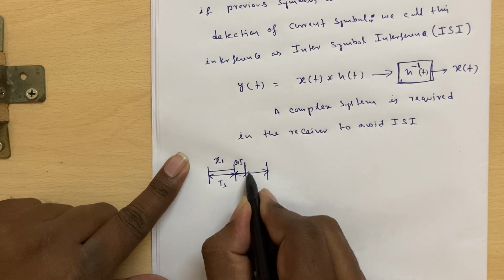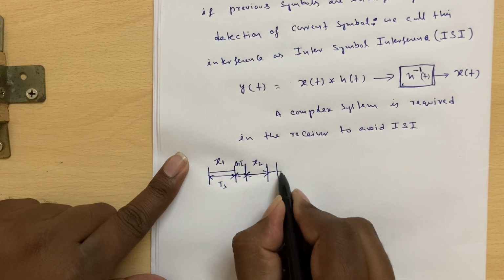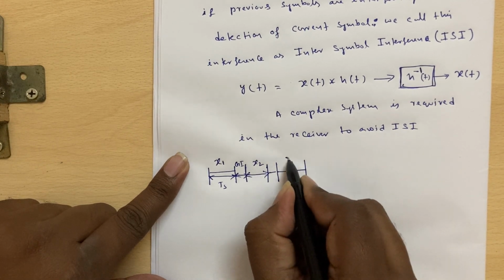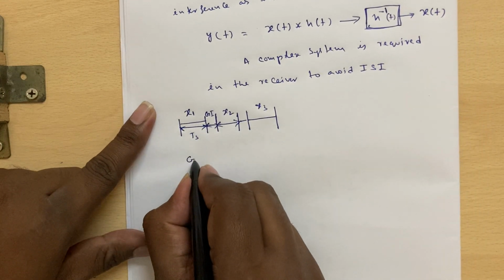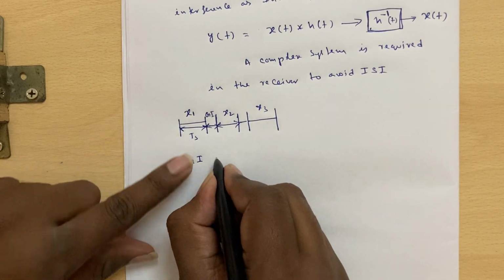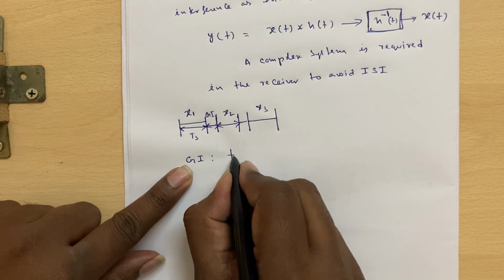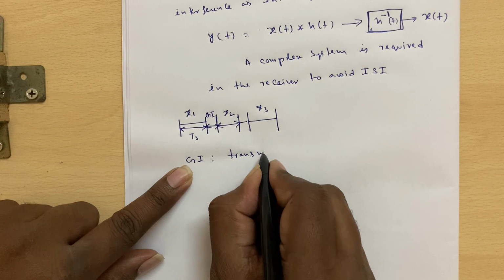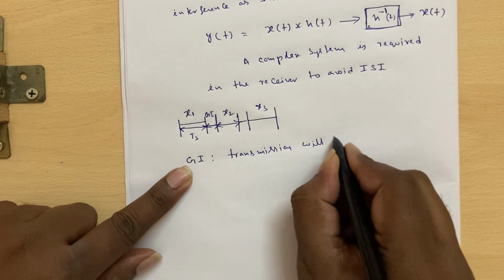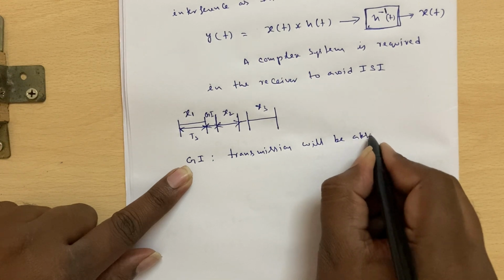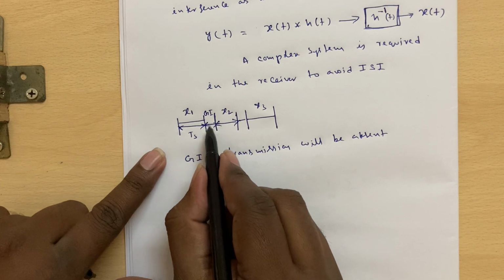Again you give a guard interval, and again you transmit another symbol x3, like this. So during the guard interval the transmission will be absent. Nothing will be transmitted in the guard interval, and we keep the channel idle.